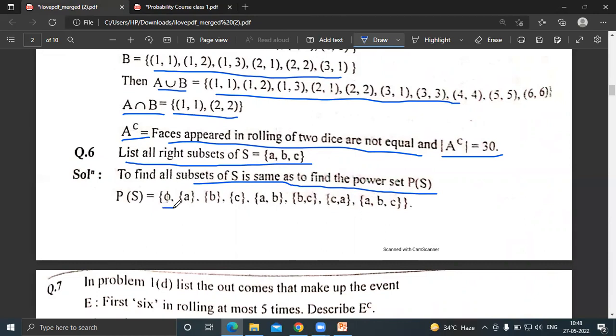First is phi, because phi is a subset of S. And A, B, C, then you can also take A, B, B, C, C, A, and the last set is A, B, C. That is also called all subsets. That is the same meaning as power set.